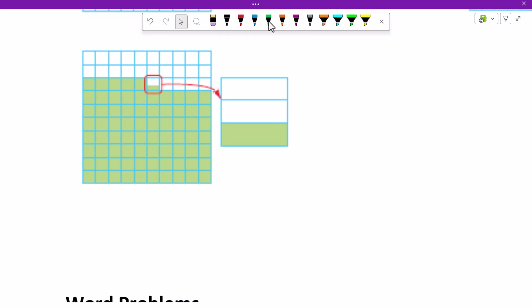Okay, so this one is slightly different than the other one. How many full boxes are there? These are all one. 5. So how many? 75. 10, 20, 30, 40, 50, 60, 70, 1, 2, 3, 4, 5.